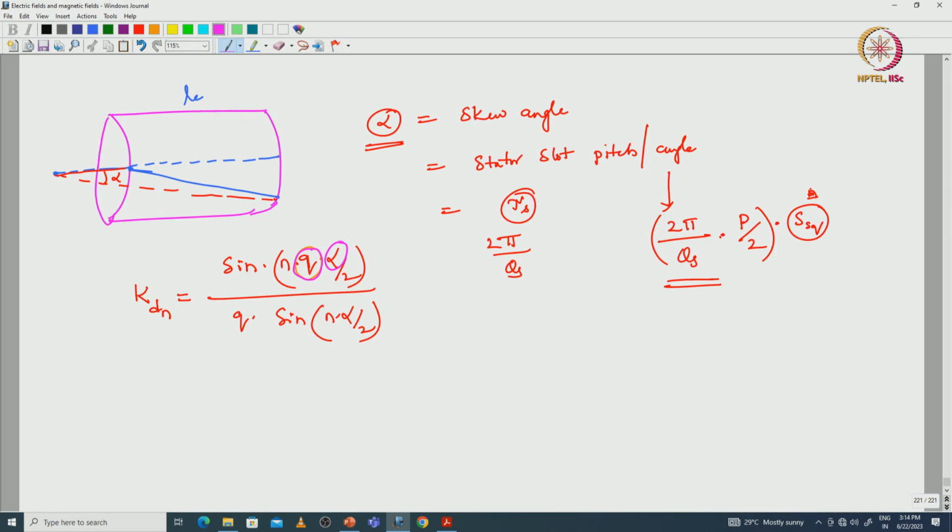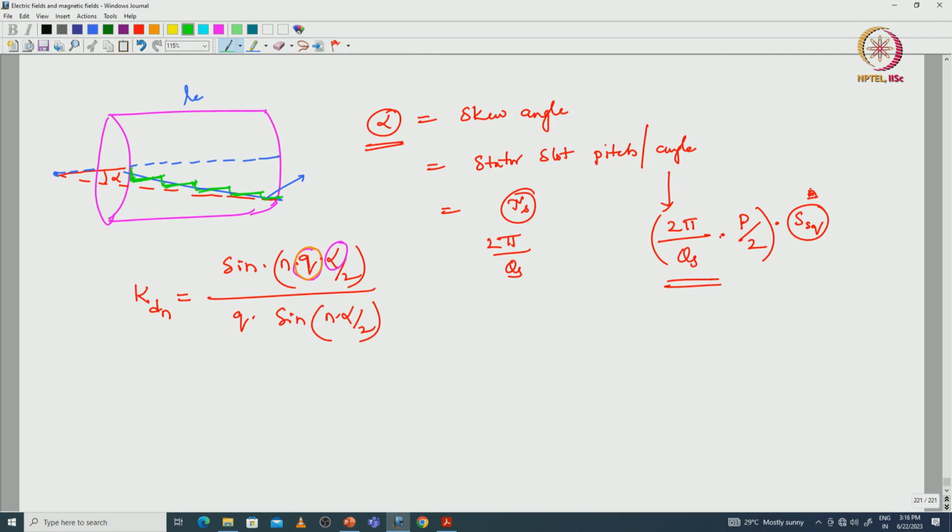Now consider the same rotor bar, same skewed rotor bar is a combination of n number of small straight bars, like let us consider in this fashion. This is one bar, and then like this straight bars we can consider. See here, this is the skewed bar, which is a combination of small straight bars. This is one bar, and this is second bar, third bar, fourth, fifth, like that.